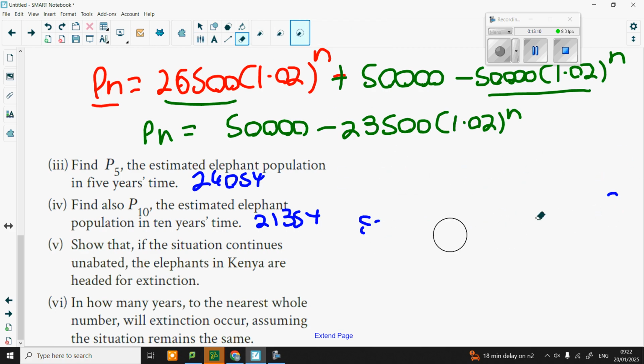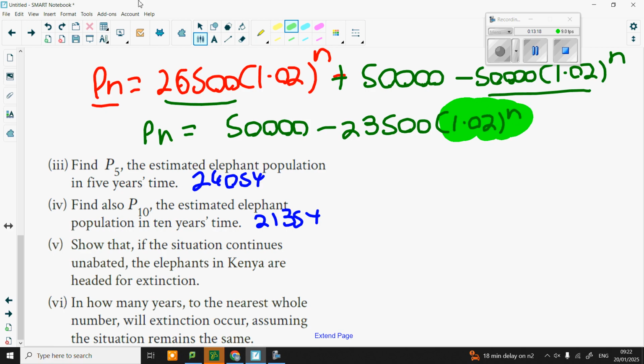And here's the deal. Do you see this number here? Any number above 1. 1.02 to the power of n is going to get bigger and bigger and bigger. So what does that mean?